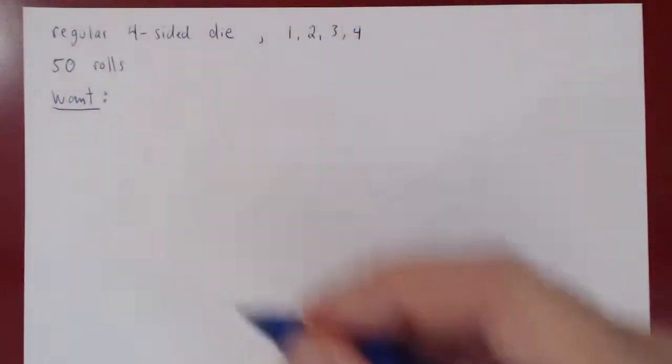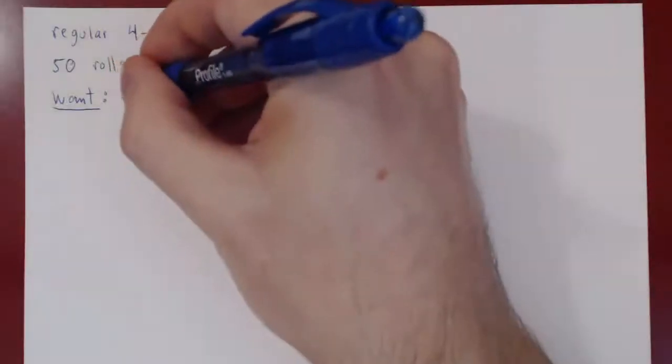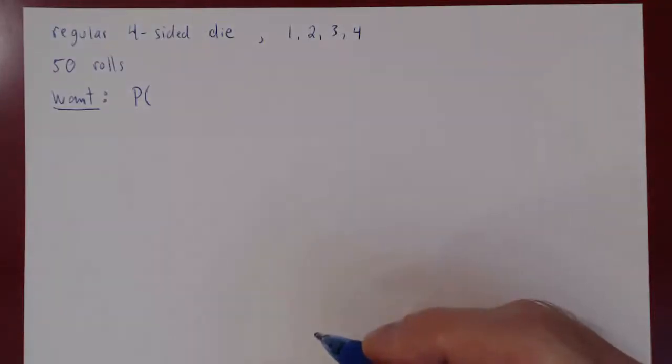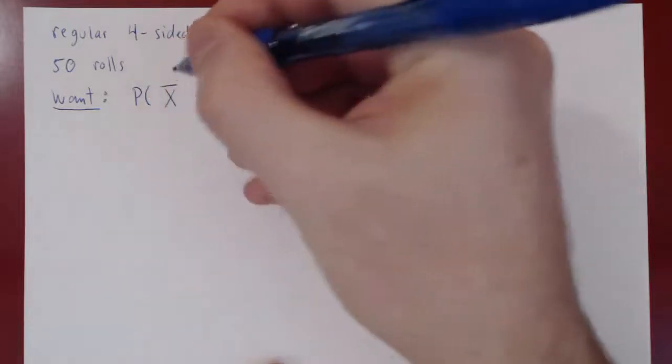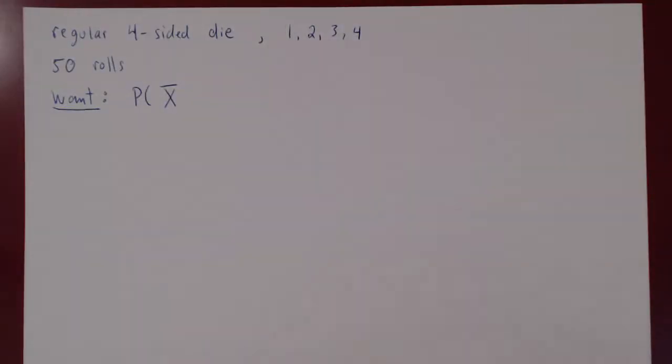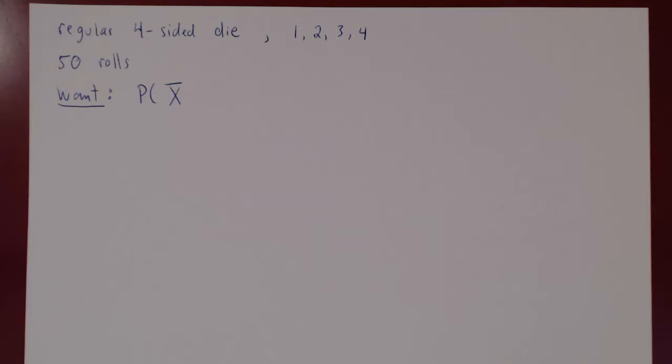So what if we wanted the probability that the average value, so we always use a bar for the average, so we'll use x bar. And again, we have here a random variable, because if you roll the die 50 times and find the average of the faces, and I then roll the die another 50 times and find the average, we most likely will not get the same average.